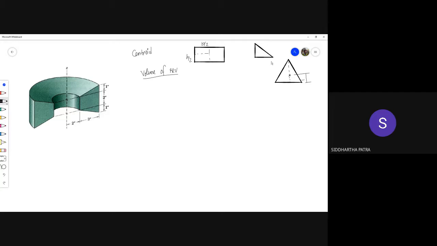So if this is the height, this is h by 3. Now these two you can use. In my opinion, you are not allowed to assume anything else.